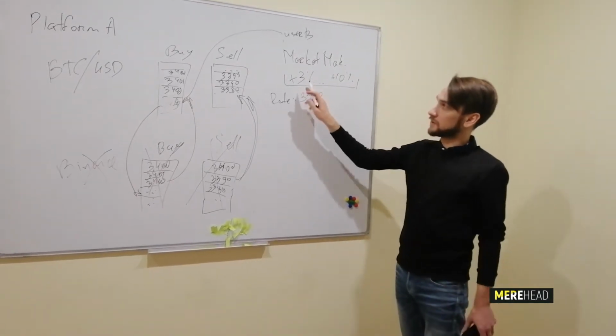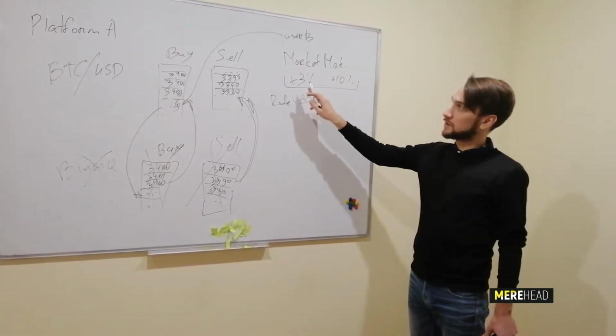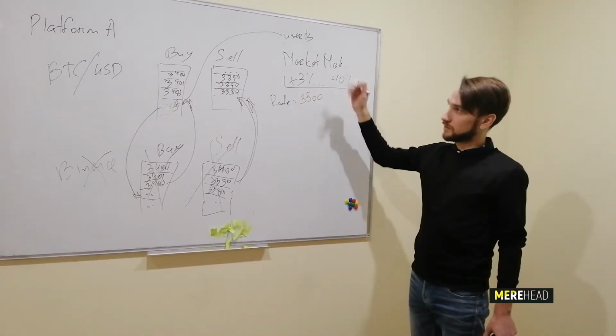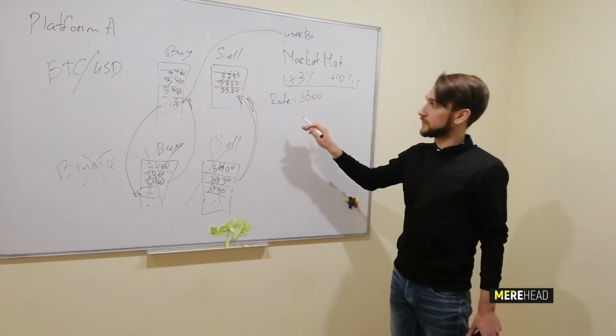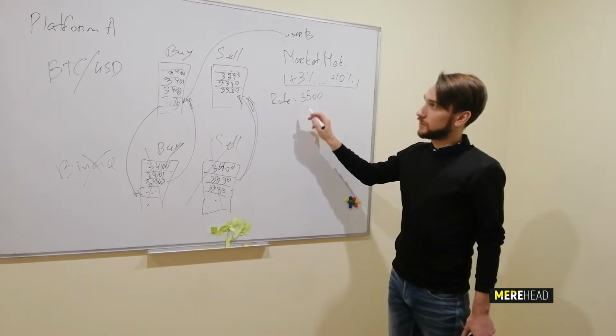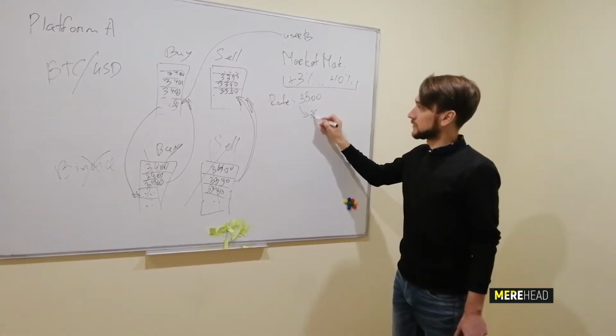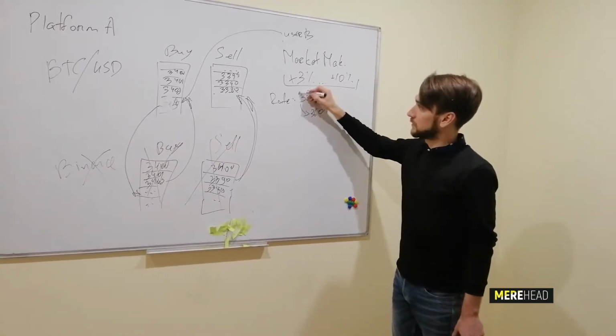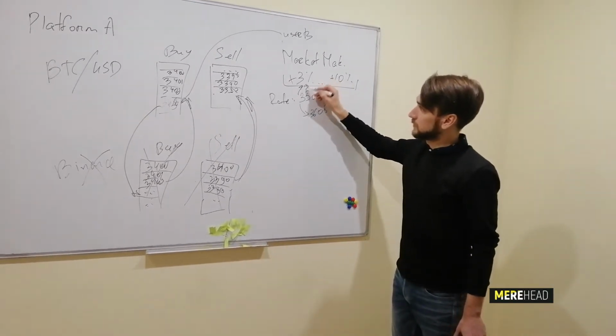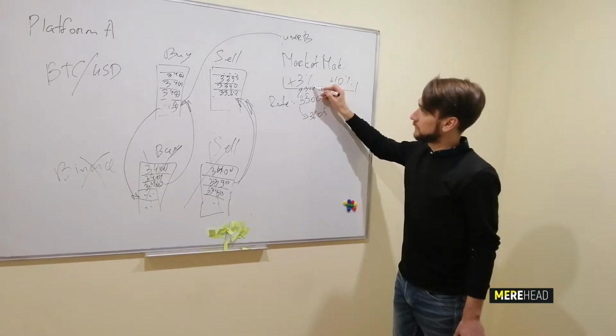If the market maker works with default values, this means we have +3 and -3 in both directions. So the buy order is going to be 365, and the sell is 335.